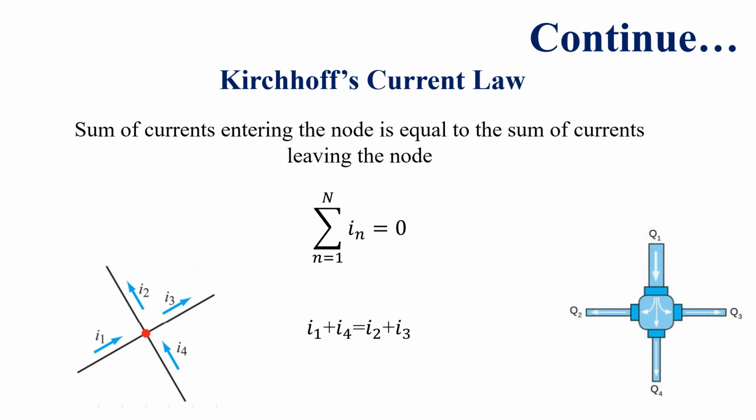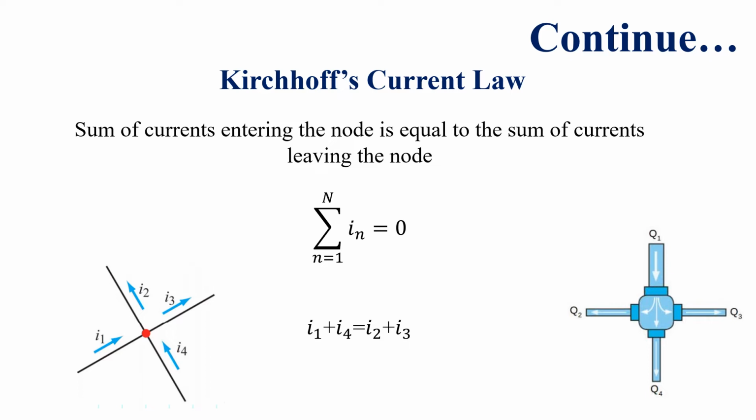Here the two currents entering the node are positive in value, and the two currents leaving the node are negative in value. That means the total of positive and negative currents equals 0. We can say that all positive currents equal all negative currents.